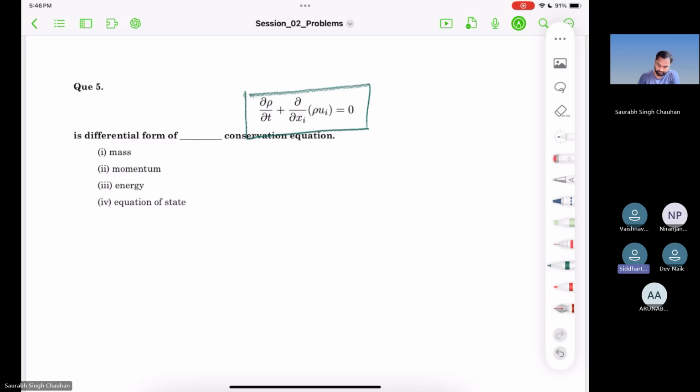So mass conservation. Yes, it is mass conservation. You can easily derive this equation. You can just assume a small elemental volume. You can assume the density to be rho, and you can write dm by dt is equal to 0.